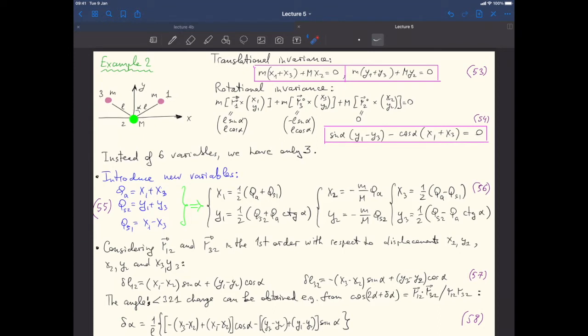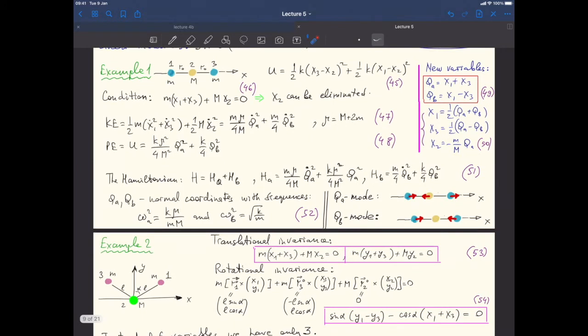Okay, right. So we need to define 3 generalized coordinates for this molecule. And the idea is that any other coordinate of any atom of this molecule can be expressed entirely via this set of 3 coordinates, exactly in the same way as we related the 3 coordinates of our linear molecule via these 2 coordinates in a unique way.